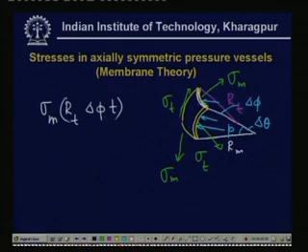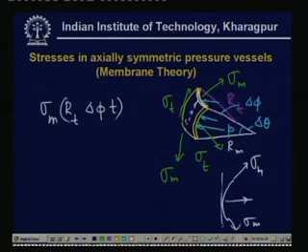So, if you consider this to be one circle, then what you see is that sigma m is acting over here, sigma m is acting over here. So, this angle is roughly almost delta theta by 2.